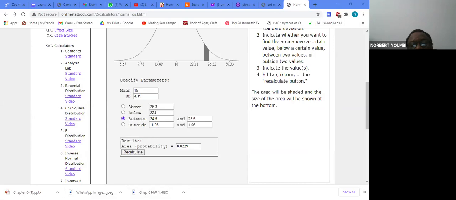Second option, 24.5, 25.5, the mean of 18, the standard deviation of 4.11. It is 0.228. What happened here? This calculator did not give us the right answer. Let me look back at the Google calculator. Yeah, the answer is 0.0229.